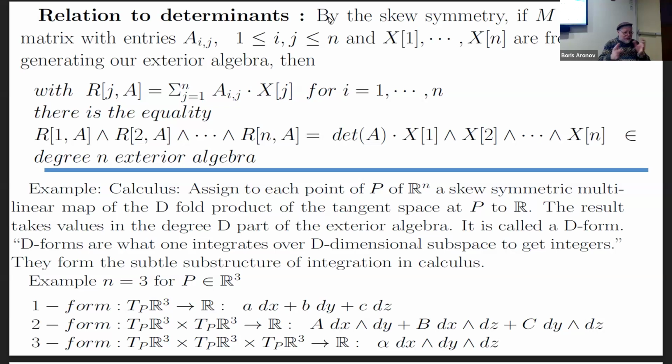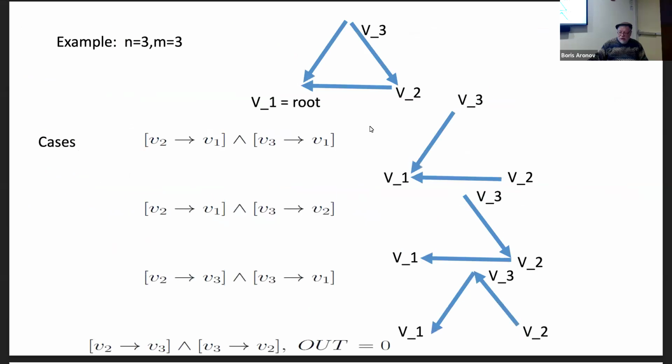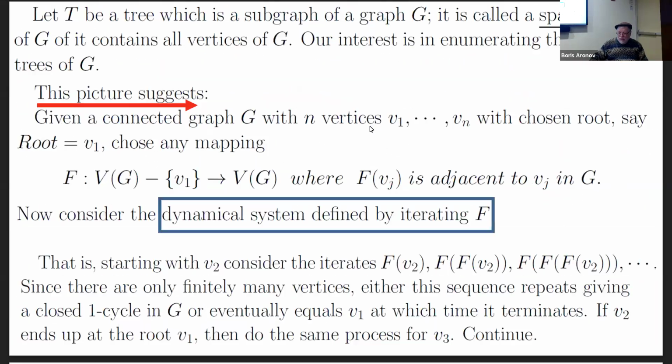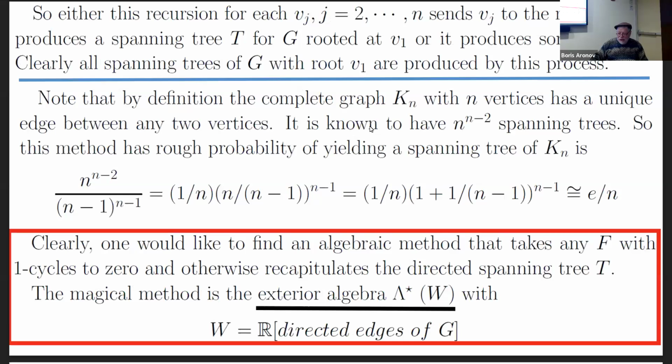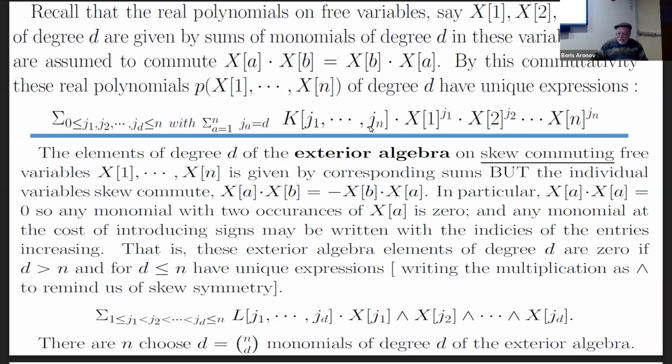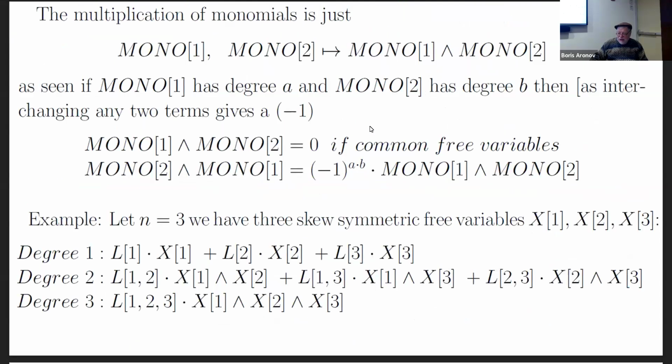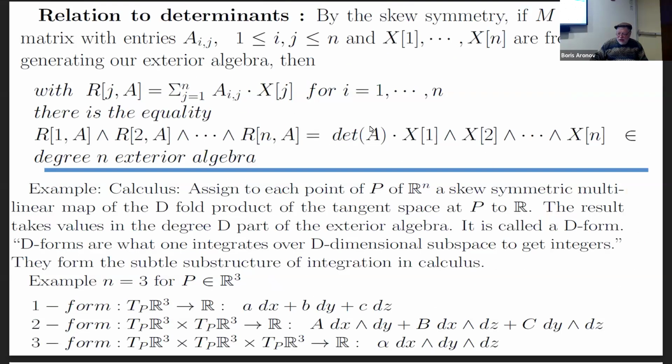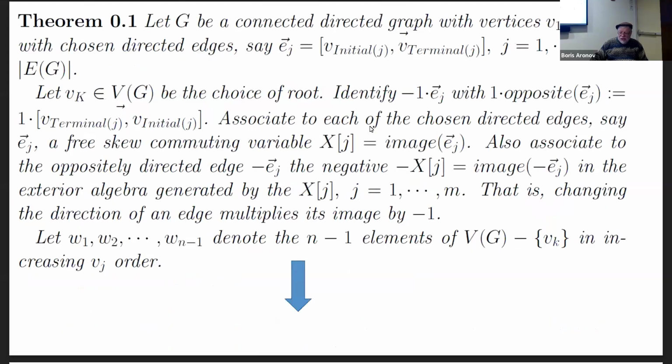They have the right sign conventions. The basic sign convention, of course, is that integrating from A to B is the negative of integrating from B to A. That's built into this. So this provides a very convenient language for doing calculus in multivariable settings, which one takes advantage of in doing calculus on manifolds. I'm not going to use that; I'm just mentioning that this is a familiar setting.